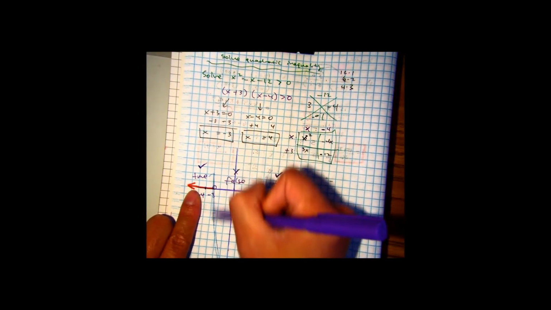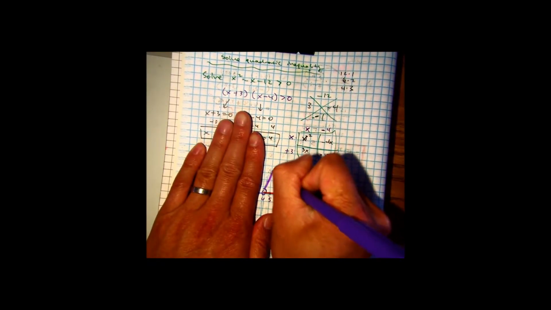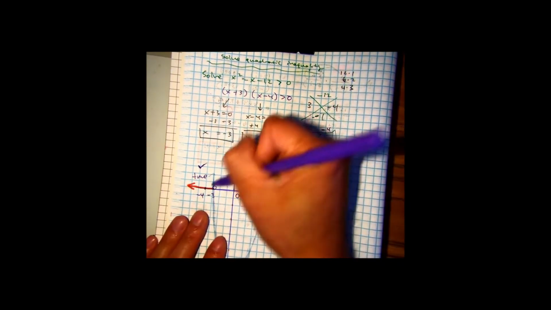I'll do it in red for you. These would be our solutions. But here is where our new solutions are now. The parabola is going like this, but the solutions are only where it's to the right. So as my graph continues, if I look like this, and my graph goes like this, my solutions are in purple.